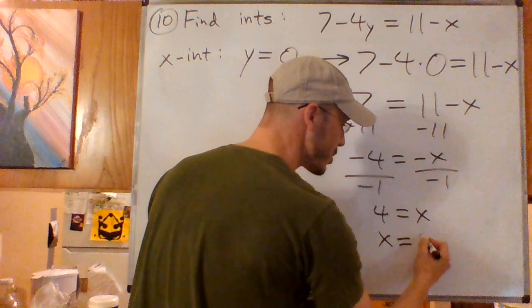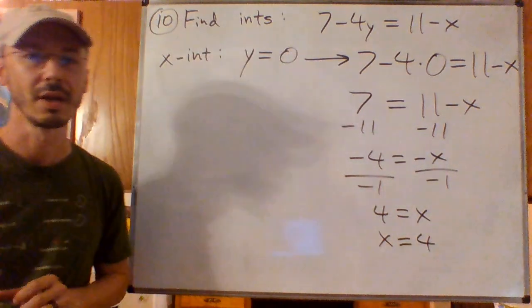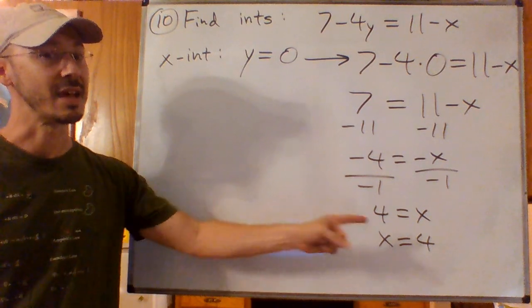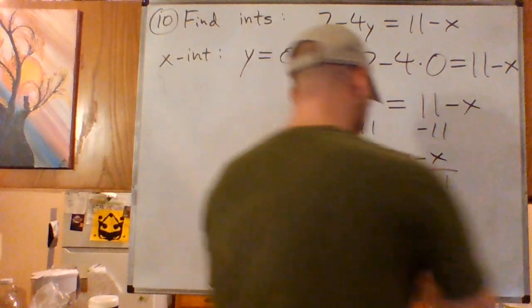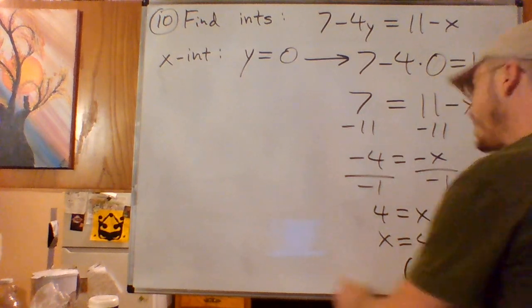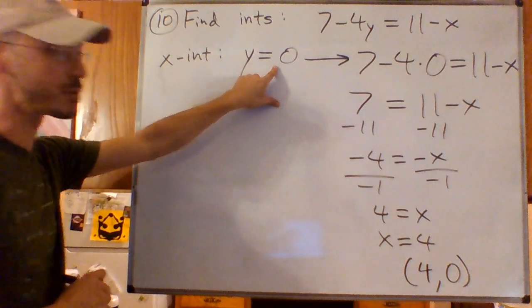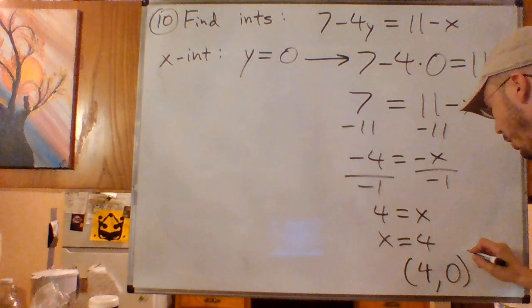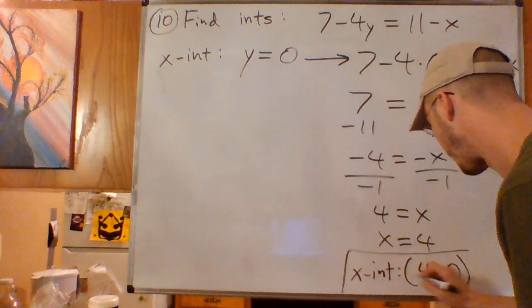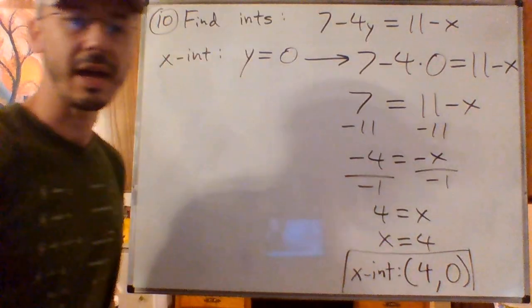In other words, x equals 4. That's not the intercept, though. That's the x value of the intercept. The intercept is 4, 0. The y value is 0. The x value is 4. That's my x-intercept.